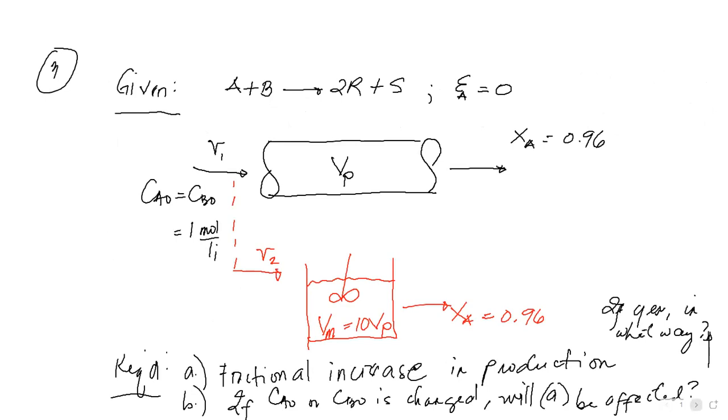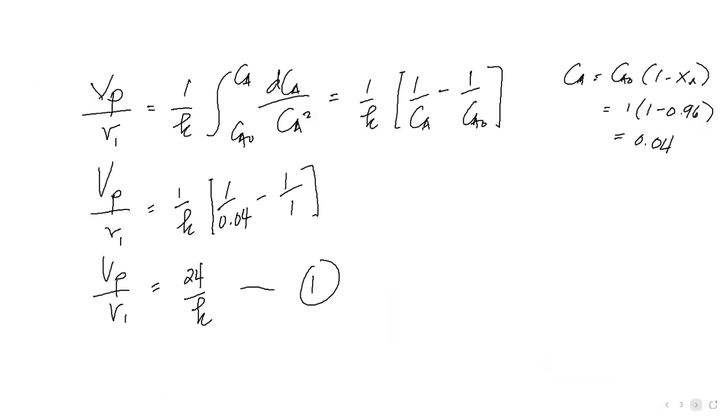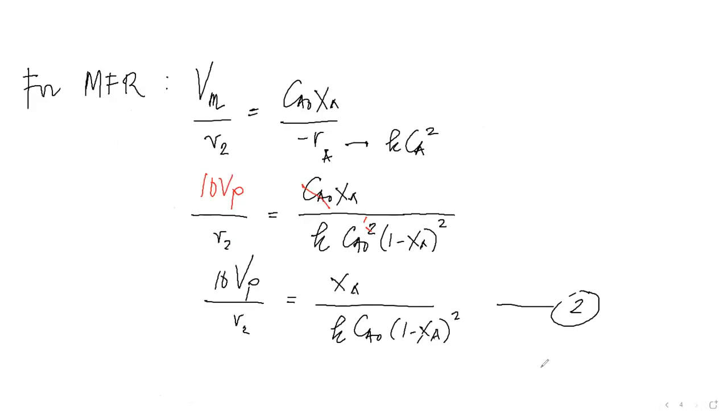So if you go back to your expressions here for the performance equations of the two reactors, you have one here for plug flow, and you have another here for the MFR, or the back mix reactor. You have to think of which of the parameters that remain in our equation would more or less give you an idea of how production will be increased.